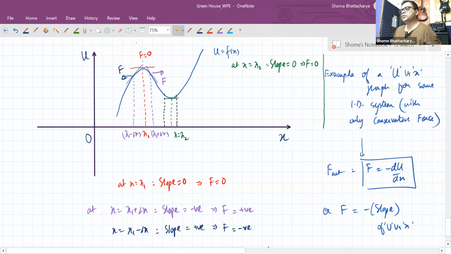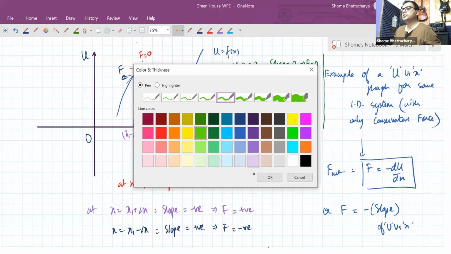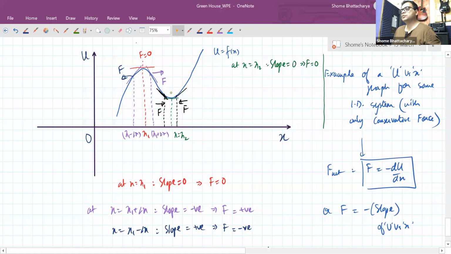So you can see that the slope is positive here and negative here. That means the force is negative over here and the force is positive over here, because the force is always opposite to the slope. Whereas at the equilibrium point, the force is 0.